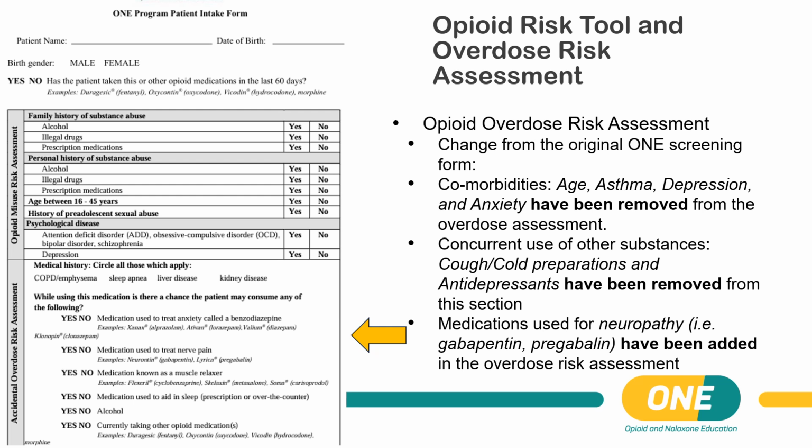With the vast amount of opioid-focused research evolving over the last 5 years, we determined that these changes more accurately and effectively identify patients at risk for an opioid overdose to focus harm prevention efforts toward the patients we serve.